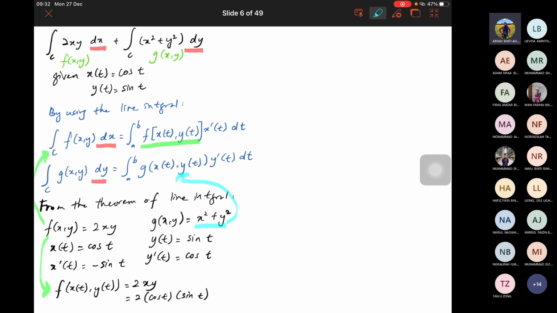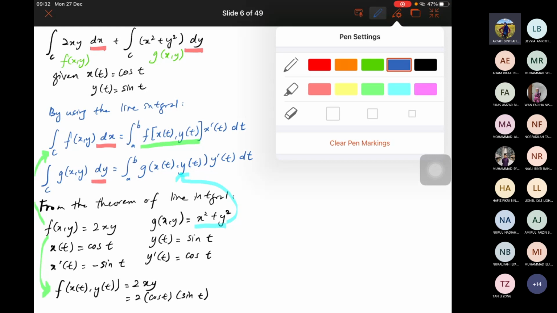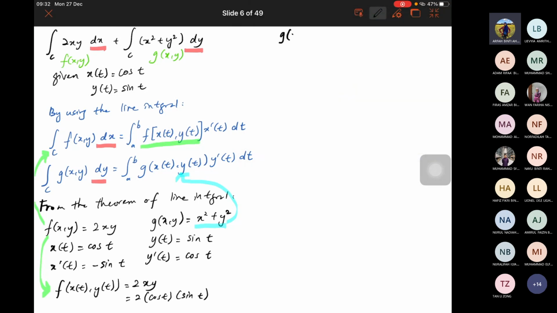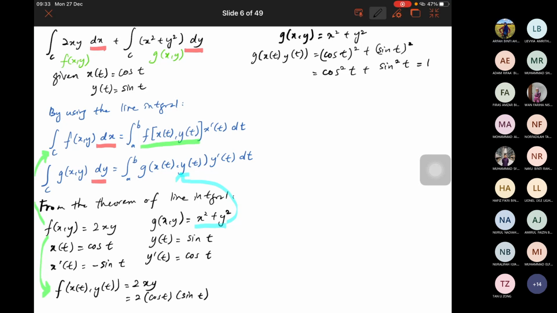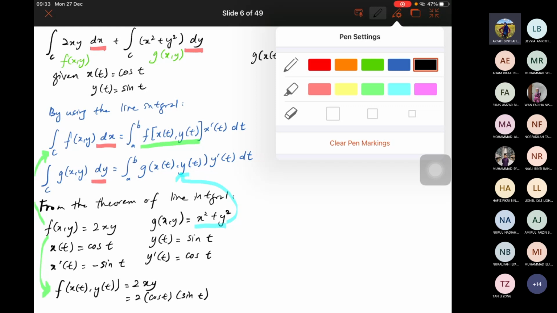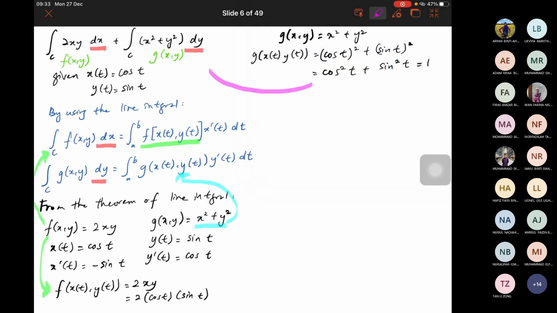So kalau gantikan dalam GXT, okay, g(x,y) sama dengan x squared plus y squared. So g of x(t) y(t) akan sama dengan cos t kuasa 2 tambah sin t kuasa 2 equal to cos squared t plus sin squared t sama dengan 1. So masukkan all this information that you have find in this one.